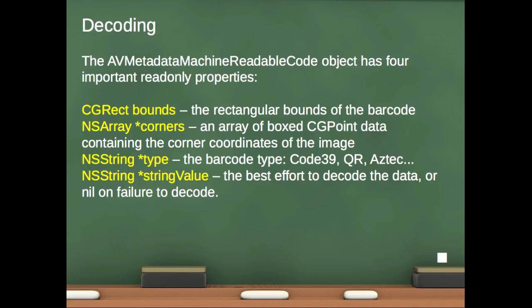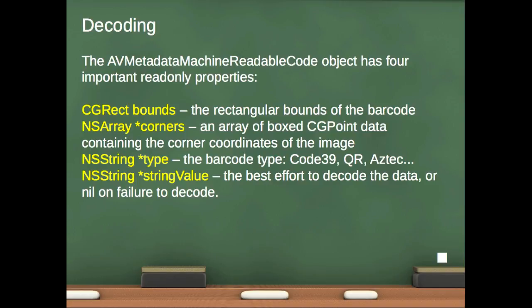If the user holds the camera perfectly still, perfectly orthogonal or parallel to the barcode they're trying to capture, then everything is okay, and the corners will be the corners of the bounds. However, usually the camera is at a slight tilt or off axis by a little bit, and so that bounding box will not be the actual bounds. You can get a better bounding box if you use the corners and normalize them into a rectangular area.